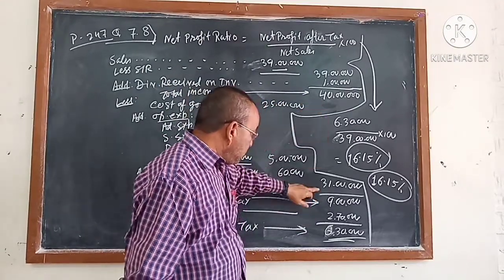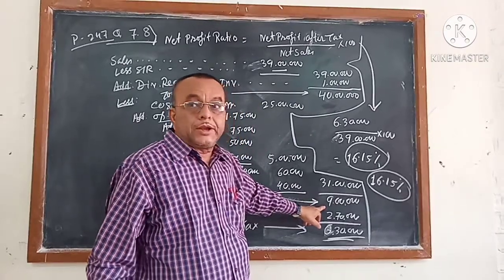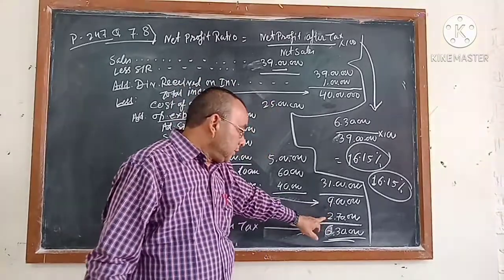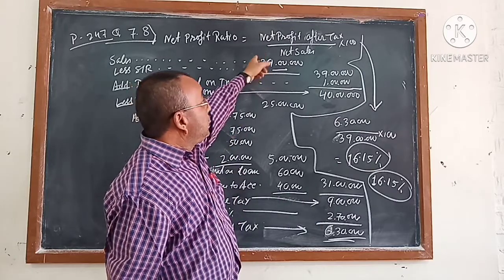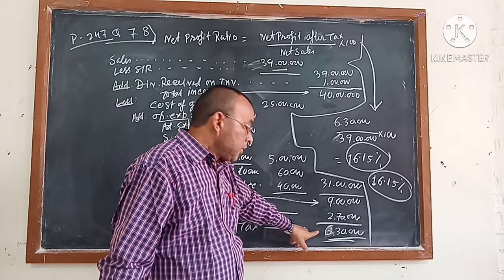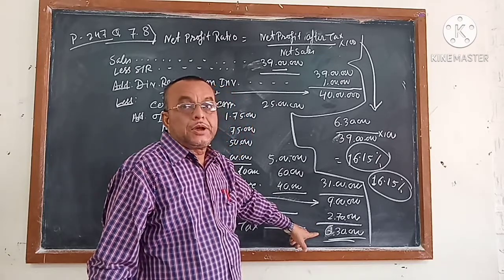Total income minus total expense, you get the difference, which is net profit. But that profit is before tax, then you have to deduct the tax, because the formula is net profit after tax. So we are getting the tax 2,70,000. So the difference is 6,30,000, which is net profit after tax.